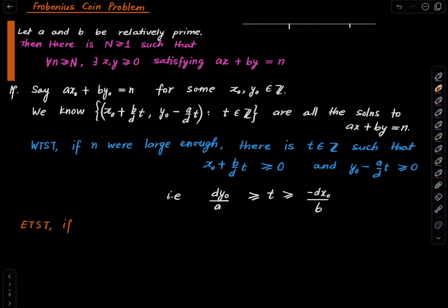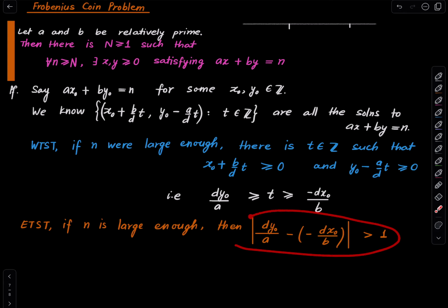if n is large enough, then this absolute value is at least 1, but just for simplicity, I'll write strictly greater than 1. I hope these steps are clear. This is where the difficulty arises in the Frobenius coin problem.